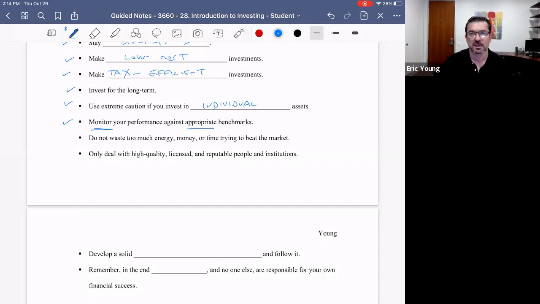Don't compare yourself to the people next door. Don't compare yourself to somebody you saw on the media. Don't compare yourself to the influencer on some shitty social media channel, which will hopefully be obsolete in 20 years, okay? Use appropriate benchmarks. Typically, benchmarks that are tied to market indexes.